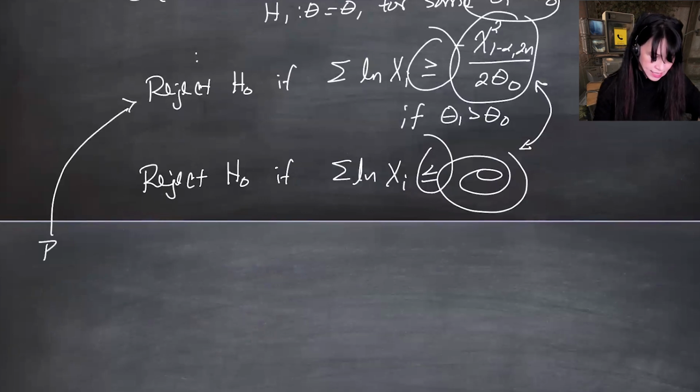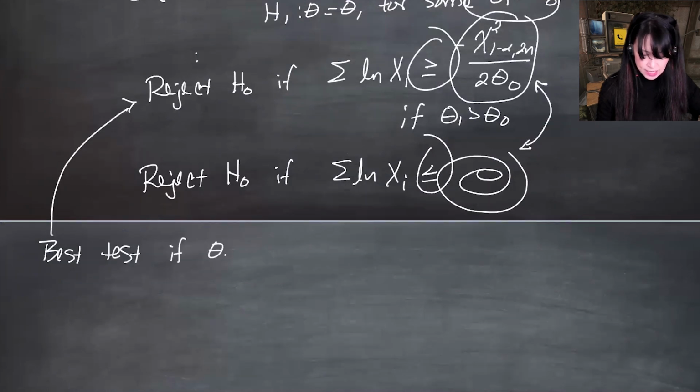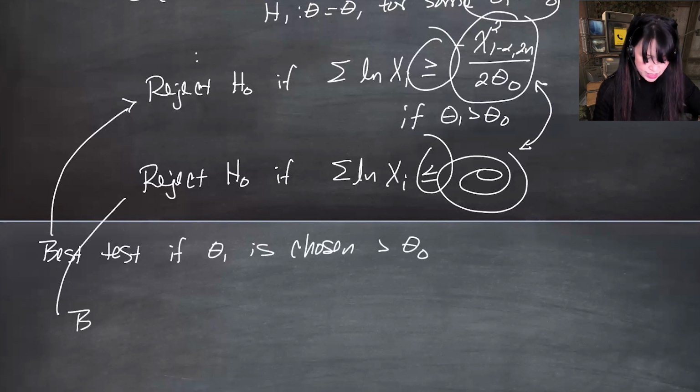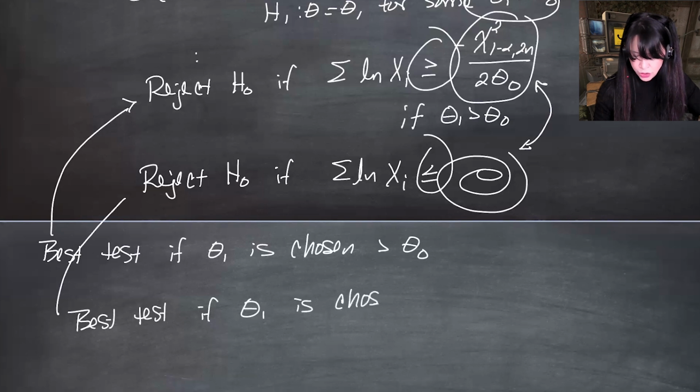Let me say that this is the best or most powerful test if theta 1 is chosen to be greater than theta naught. And then this one is the best or most powerful test if theta 1 is chosen to be less than theta naught.